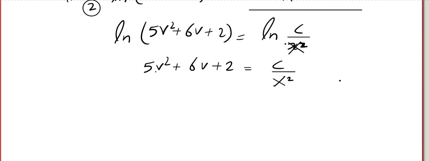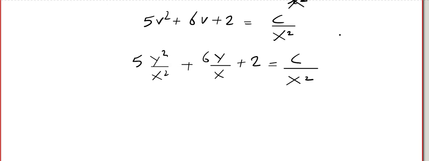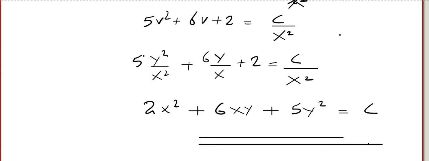Okay, now what is v? That is y by x. Capital Y by capital X. Okay, now you can multiply throughout by x square. So we'll get 5Y square plus 6XY plus 2X square is equal to c.